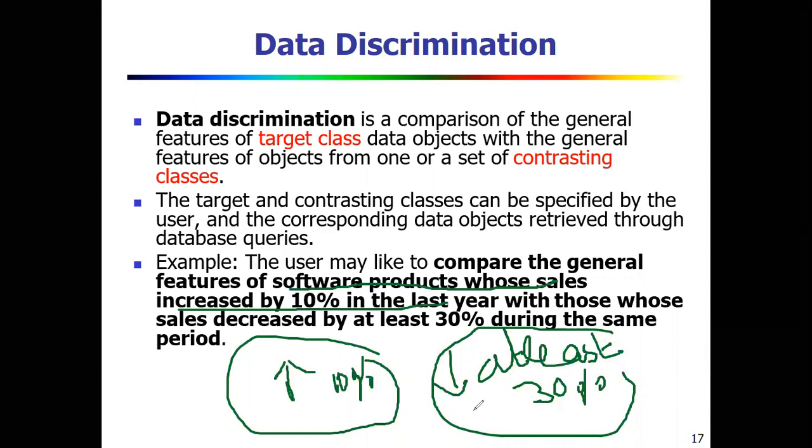What we get as the result is the features of the target class and the contrasting class.